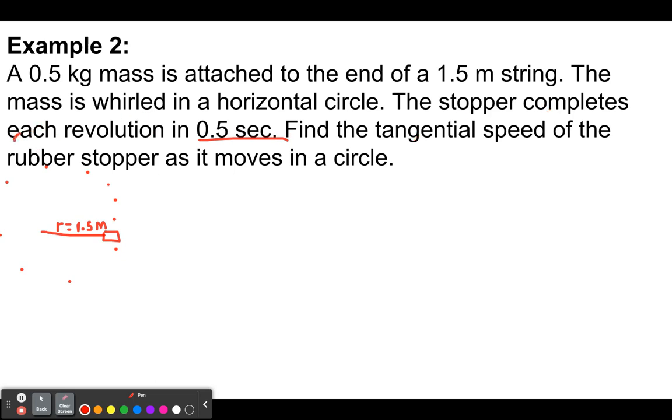From that information, we can approach this in one of two ways. Omega is our rate of rotation, a change in position over the change in time. So we could say that our angular velocity is 1 revolution per 0.5 seconds, and use that radius r to find tangential velocity in the same way we did in the previous question.